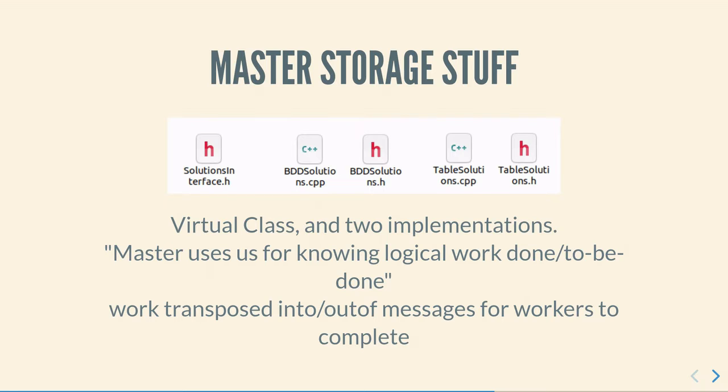Or it can just directly store them as arrays in one big table, right? So there's a solutions interface.h, and that's a virtual class with virtual methods that are templates. And then BDD solutions.cpp and table solutions.cpp instantiate that virtual class, which master can then use either way.